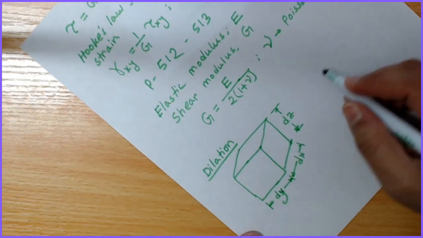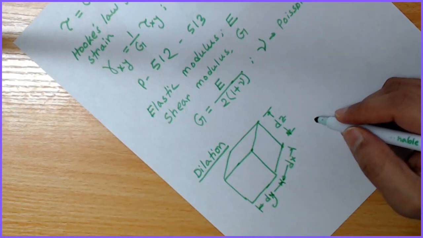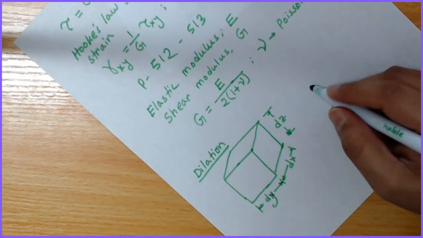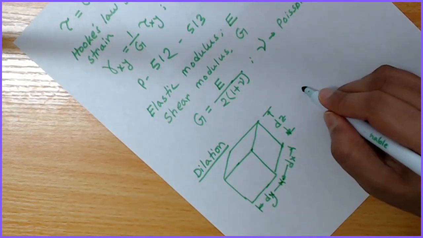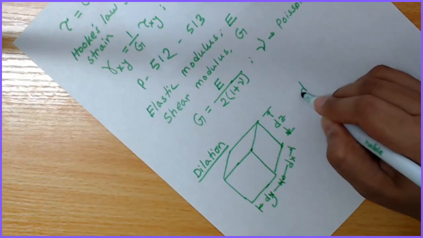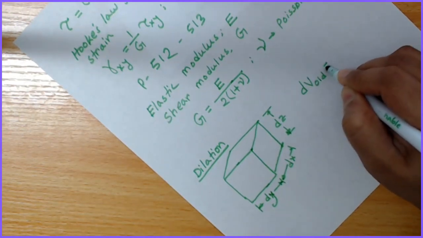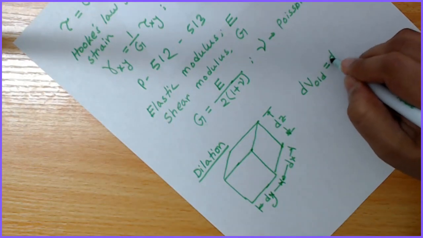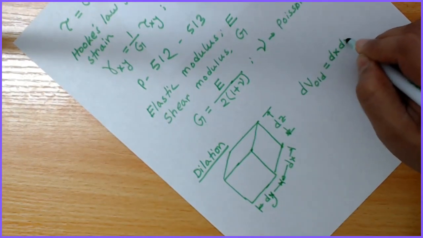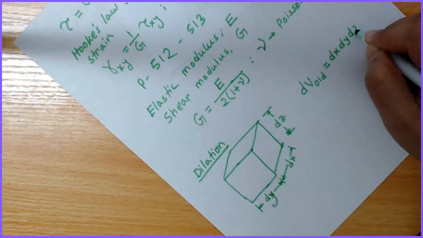So before applying any load on this element, the volume of this element is say dV old, and it is dx dy dz.